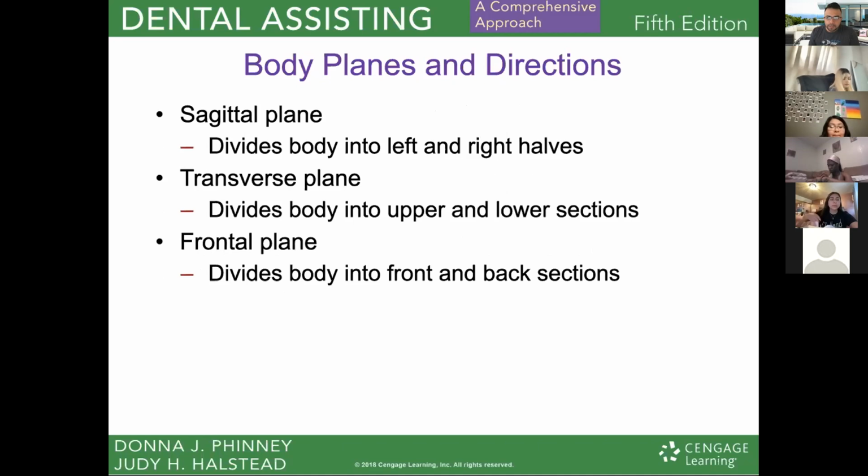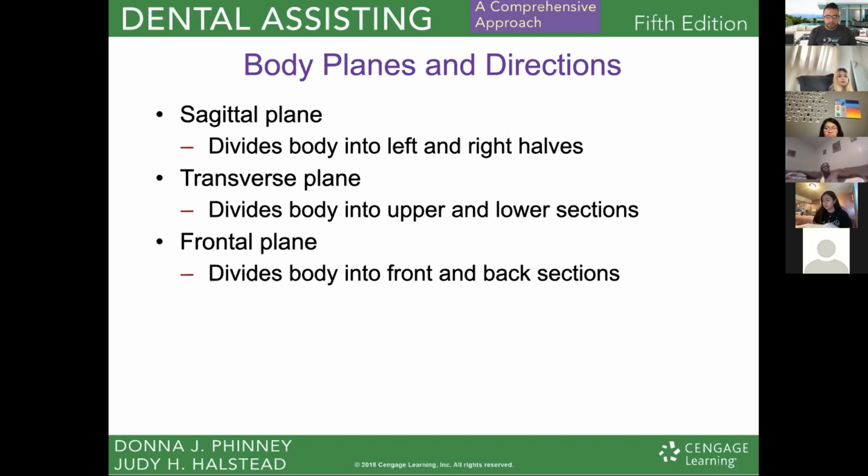Talking about the body planes and the directions of the body, the body is divided into 3 main planes. We can think of a plane as like a really sharp blade, if you will, that can cut the body into several pieces. The sagittal plane divides the body into left and right. The sagittal plane can be anywhere left or right of the body.